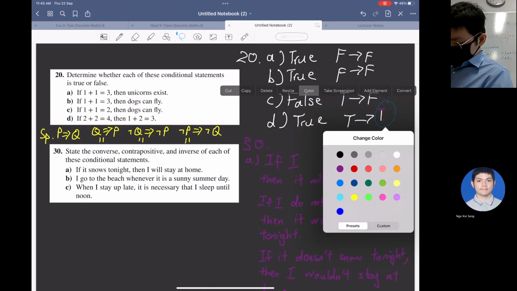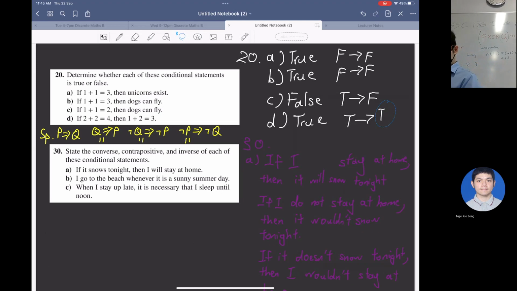Next, state the converse, contrapositive, and inverse of the statement below. So if it snows tonight, then I will stay at home.